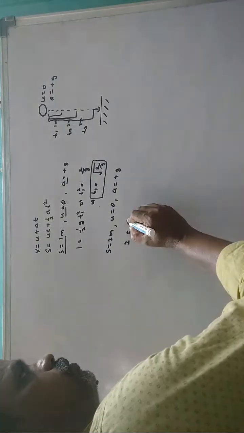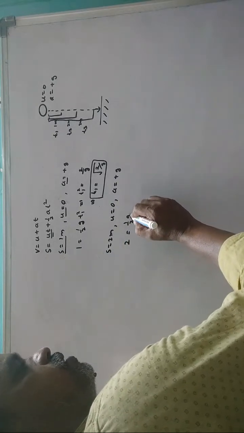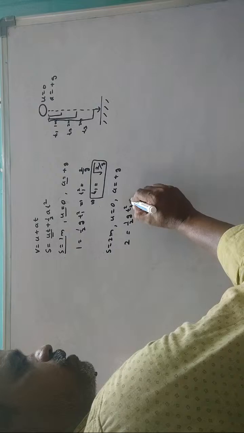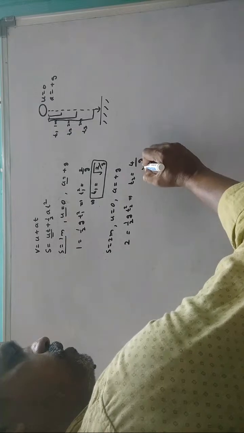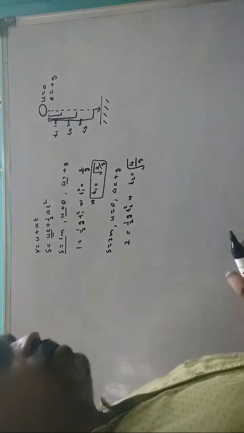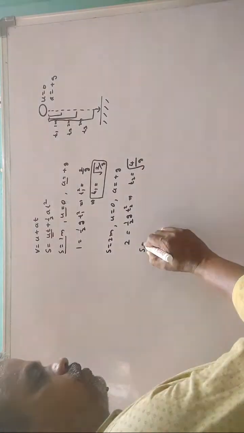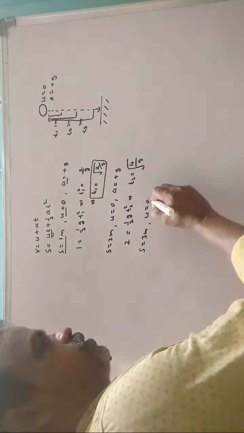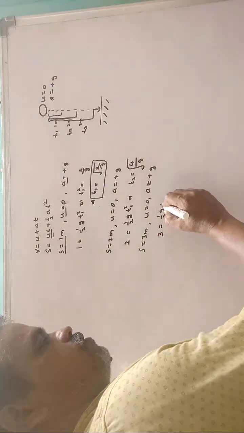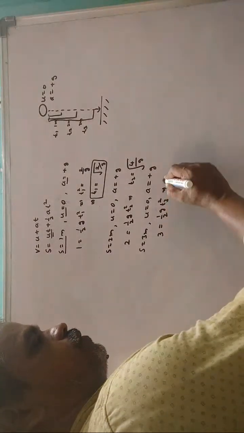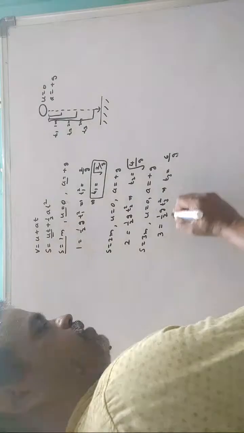So 2 equals half g T2 square, so T2 equal to under root of 4 by g. For s equal to 3 meters, u equal to 0, a equal to plus g, 3 equals half g T3 square, so T3 equal to under root of 6 by g.